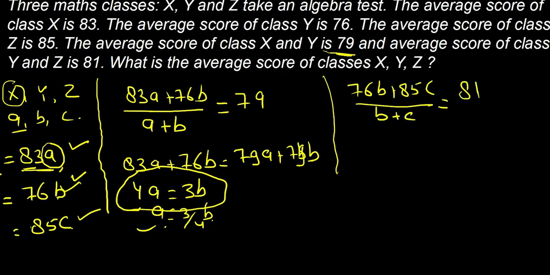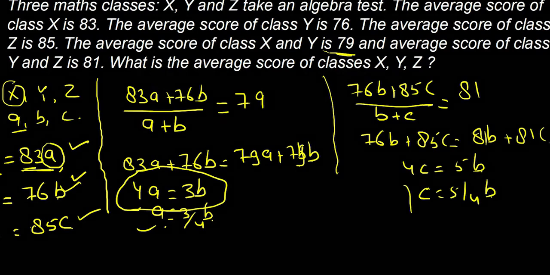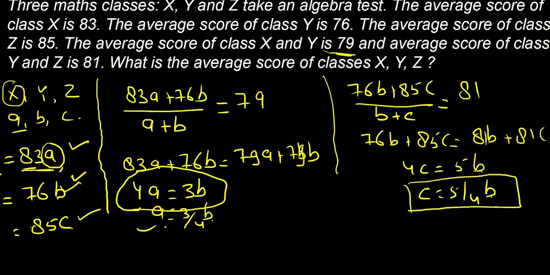So 76b plus 85c is equal to 81b plus 81c. This is 4c is equal to what? 5b. So you can again find out the value of c in terms of b. So you can say c in terms of b is what? 5 by 4 times of b. So these are the values of a and c in terms of b.